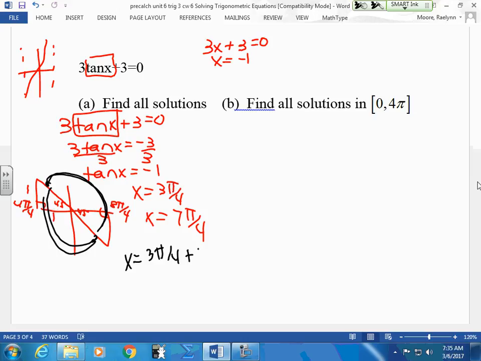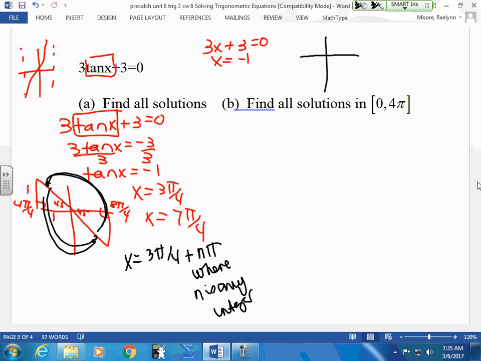So this guy, I can say n pi, where n is any integer, because its period is pi. So only the tangent works this nicely. No, I shouldn't say that. We'll see other things.